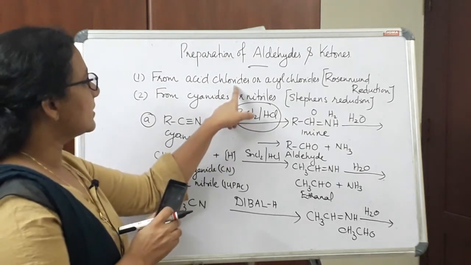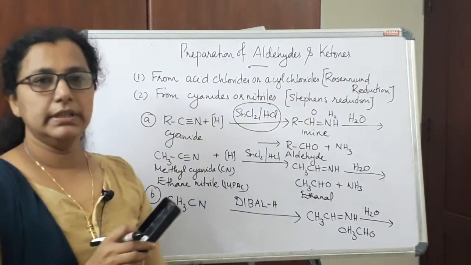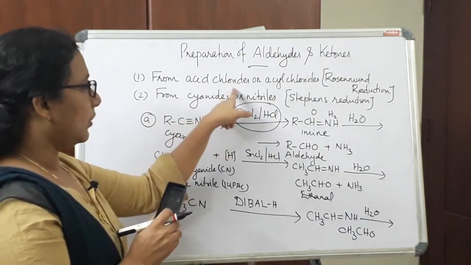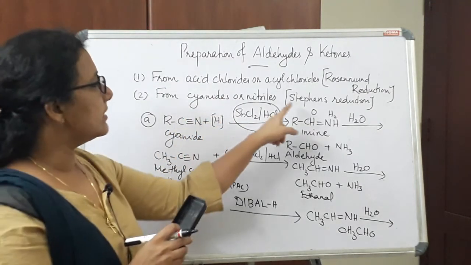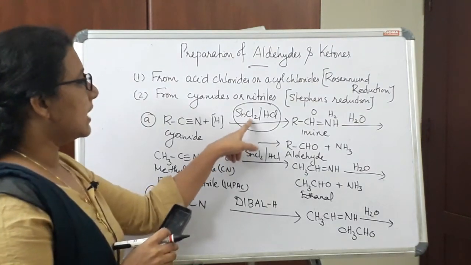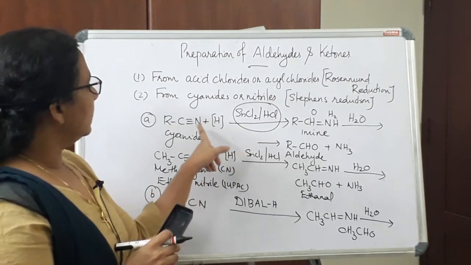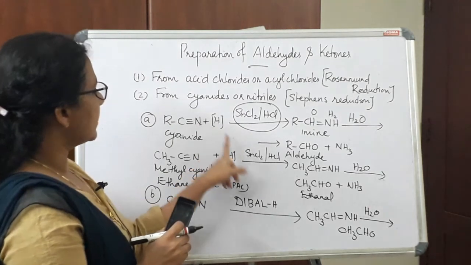In the first case, in Rosenmund reduction, H2, Pd, BaSO4 is the reagent, and the starting material is acid chloride. The second one is from cyanides or nitriles, called Stephen's reduction, where the reducing agent is stannous chloride and HCl. It is a reduction reaction.